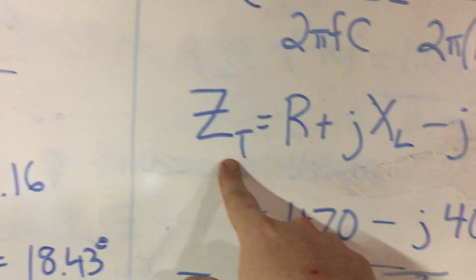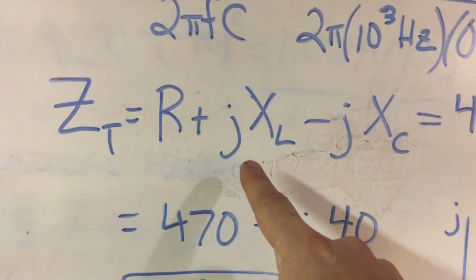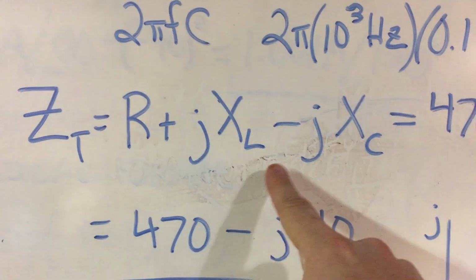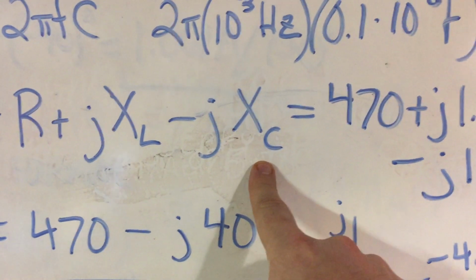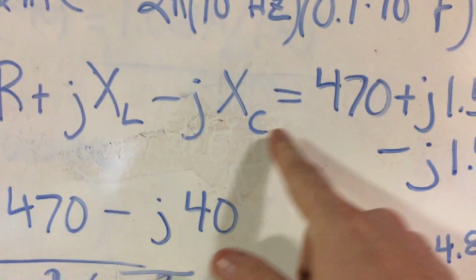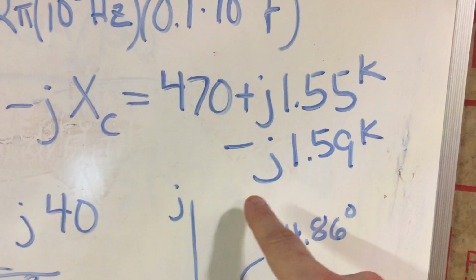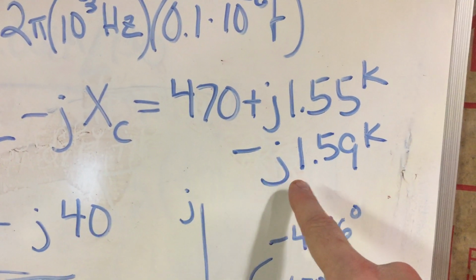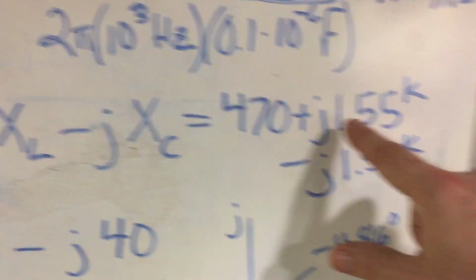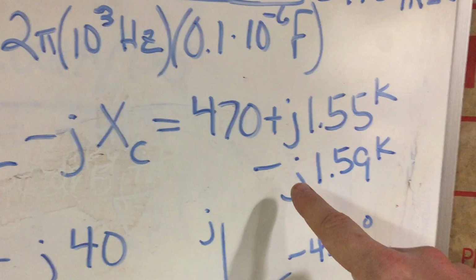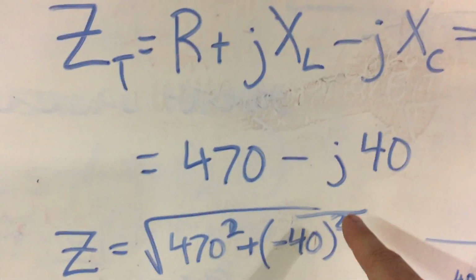So adding them together, you get Z sub T equals R plus j X sub L, which is the reactance of the inductor, minus j X sub C, the reactance of the capacitor: 470 plus j 1.55k minus j 1.59k. So when you add the plus 1.55 minus 1.59, you get a -40.